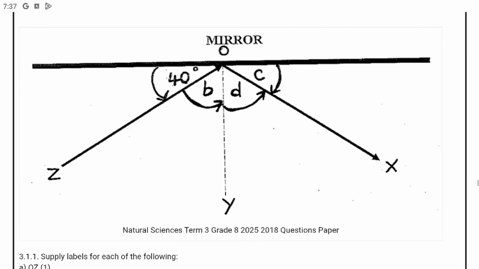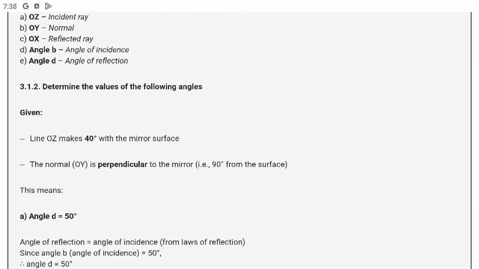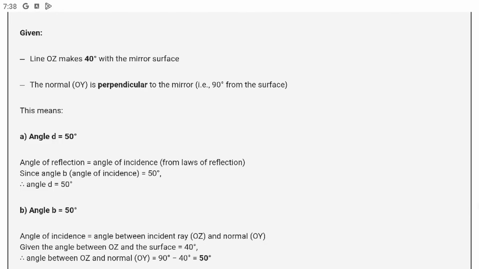So B equals 50 degrees because it sums up to make 90 degrees, because of this perpendicular line from O to Y. Then D also equals 50 degrees, because the angle of reflection equals the angle of incidence.